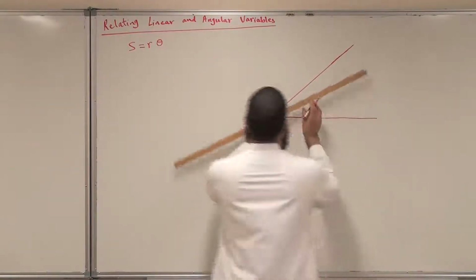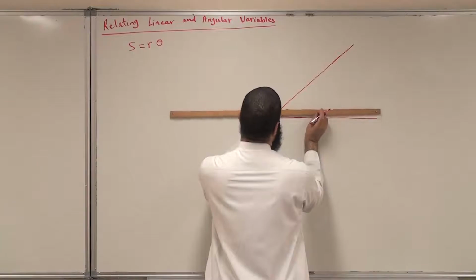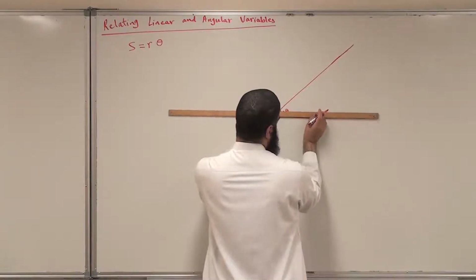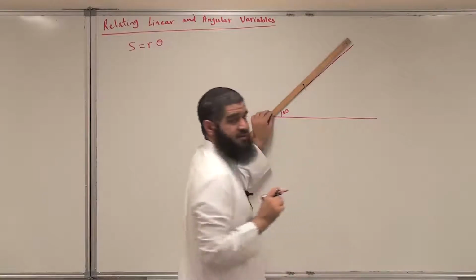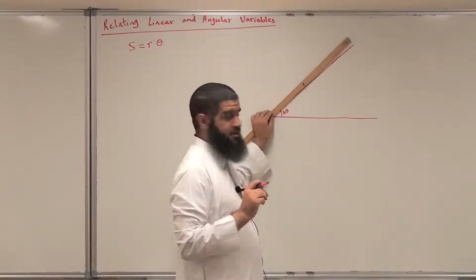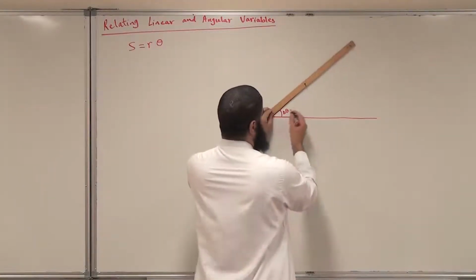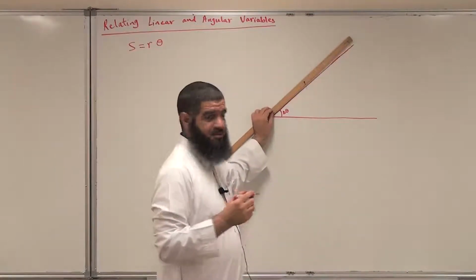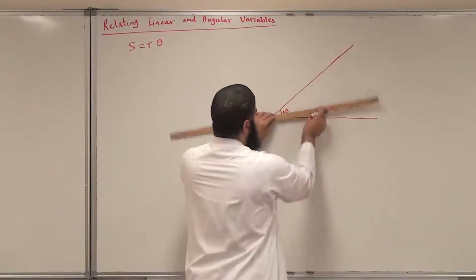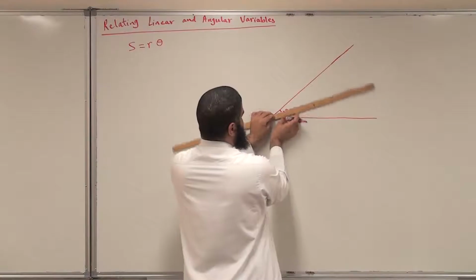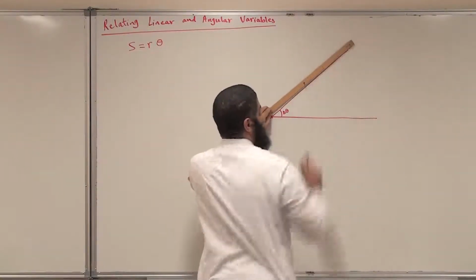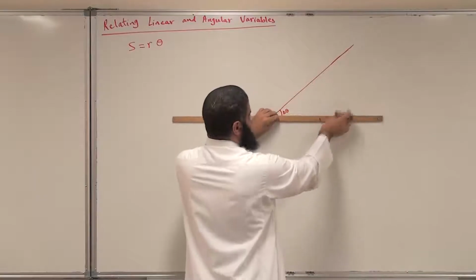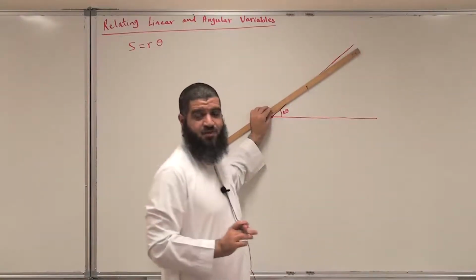As you can see, all points of my object have moved this angular displacement, which is delta theta. Let us assume it is 1 radian, for example. If it is 1 radian, this point has moved 1 radian, that point has moved 1 radian, and any point in between has traveled 1 radian.